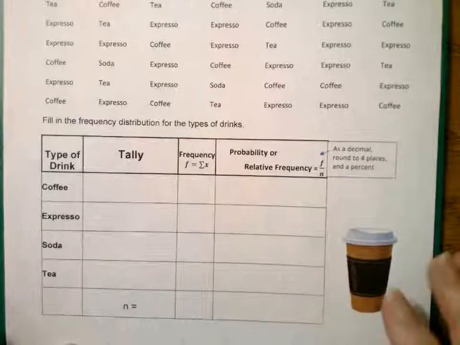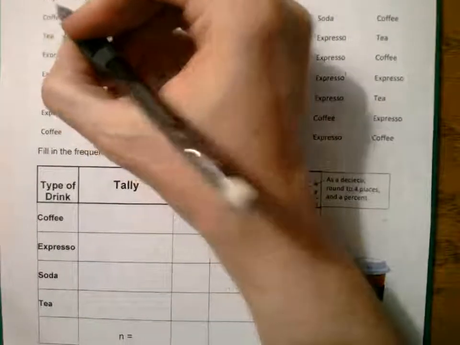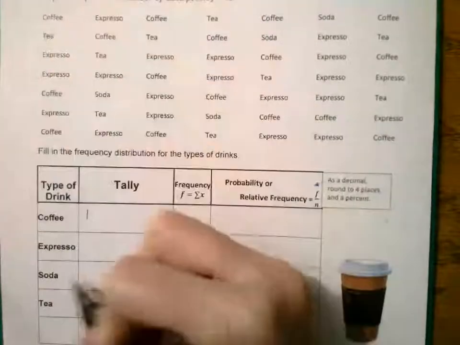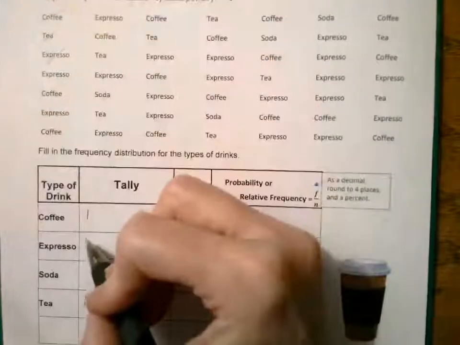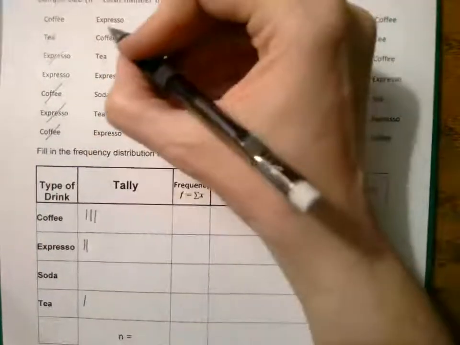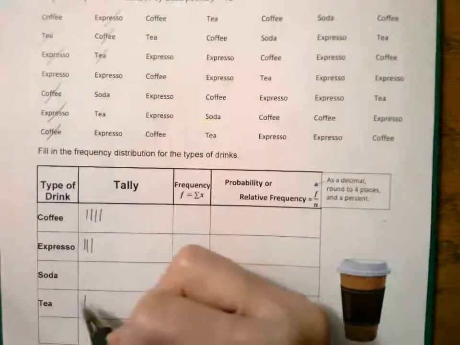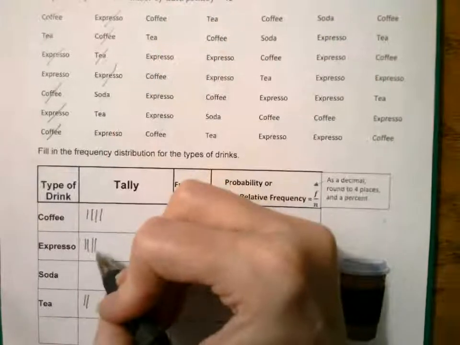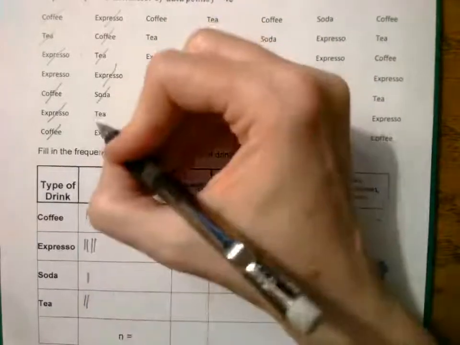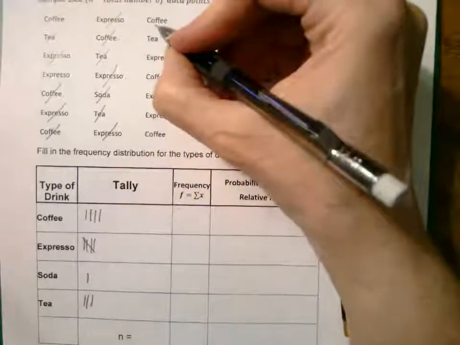So what we're going to do is go through and keep a tally. So let's see, coffee, tea, espresso, coffee, espresso, coffee, espresso, coffee, tea, espresso, soda, tea, espresso. When I get to 5, I do that.